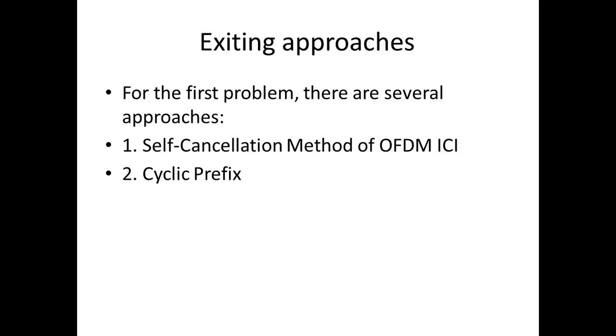For the first problem, there are two main methods to deal with it. The first one is the self-cancellation method of OFDM, and this method works in two steps. First, at the transmitter side, one data symbol is modulated into a group of adjacent subcarriers with a group of weighting coefficients.